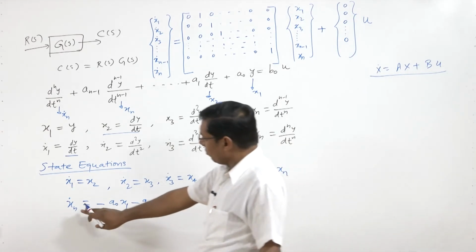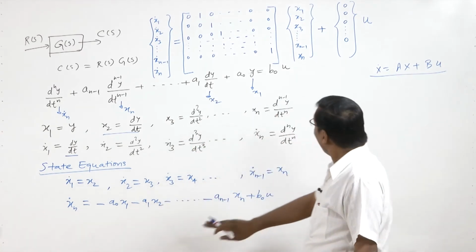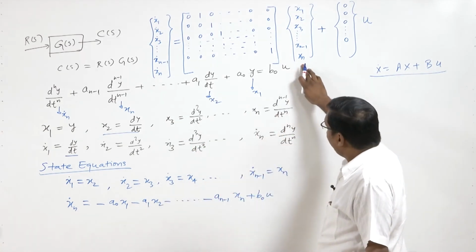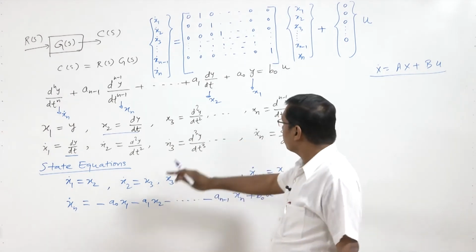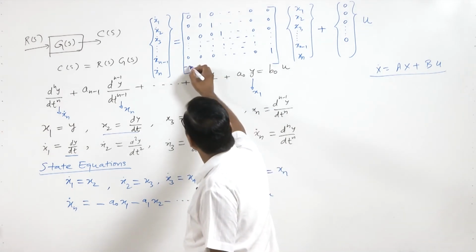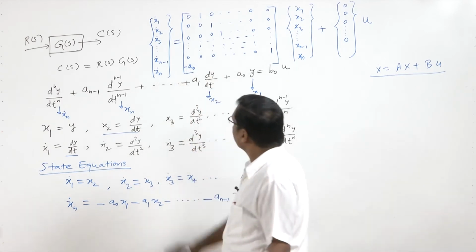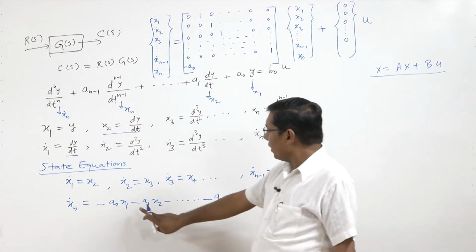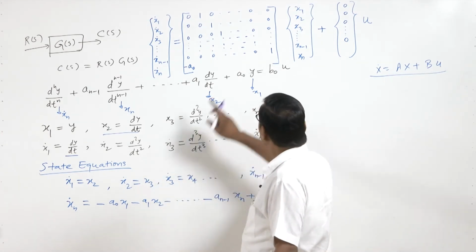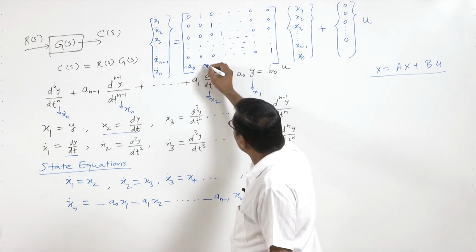Now come to xn dot. So here we have xn dot equal to minus a0 x1. So this first element should be minus a0. Then minus a1 x2, so the second element should be minus a1.